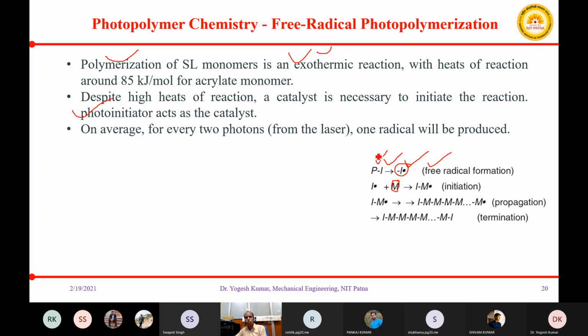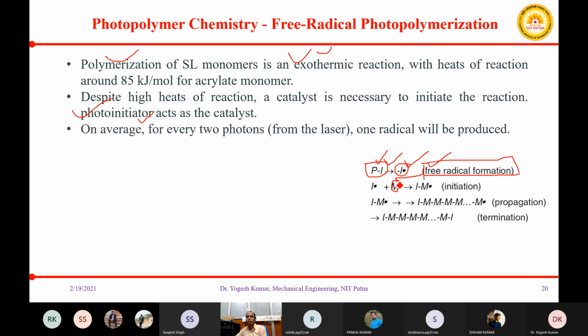Okay, so as soon as ultraviolet radiation falls on the Pi, that is the photoinitiator, which was one of the ingredients in the SL liquid, a free radical is formed, and this free radical acts as a catalyst.